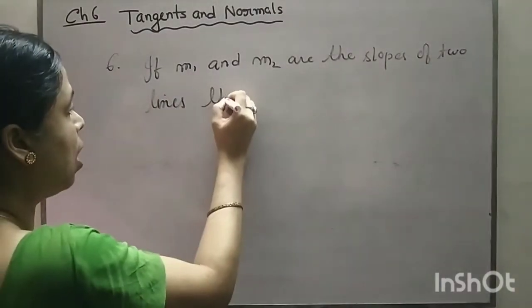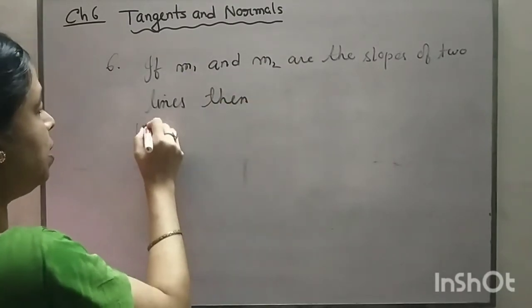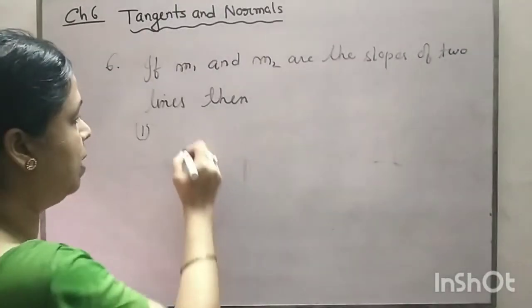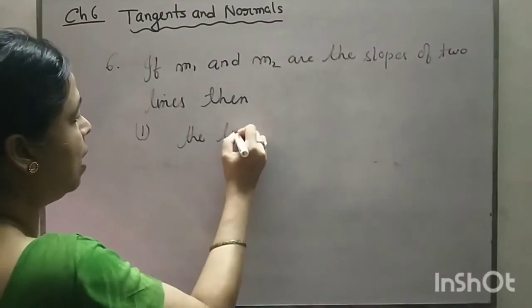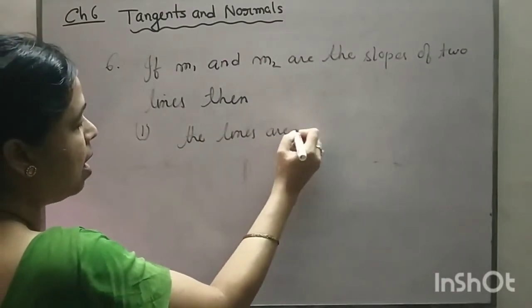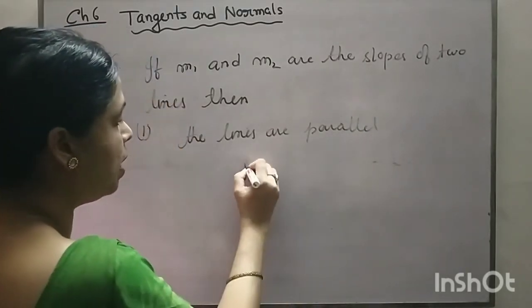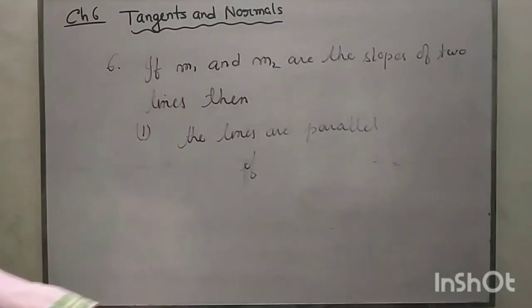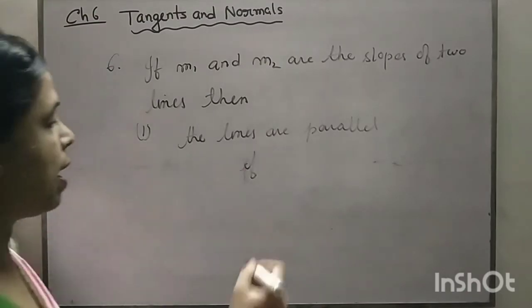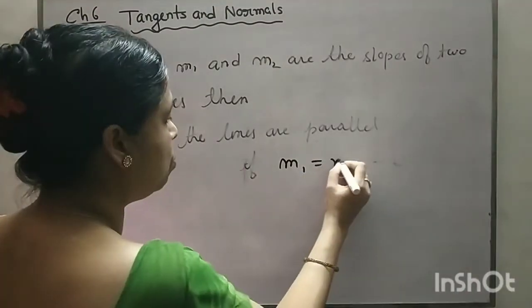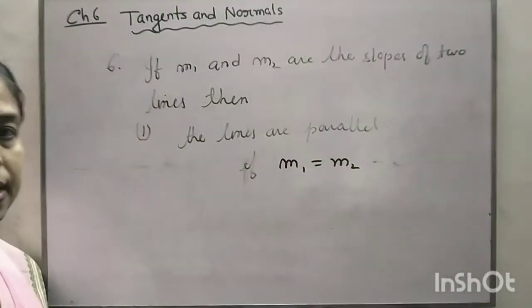Then the first condition: the lines are parallel if M1 is equal to M2.